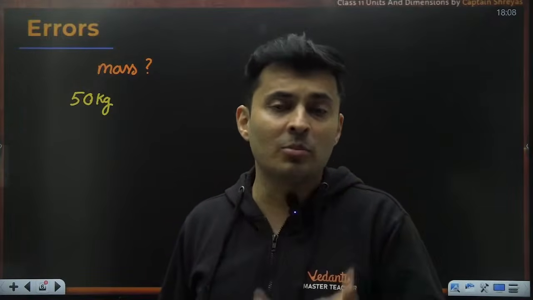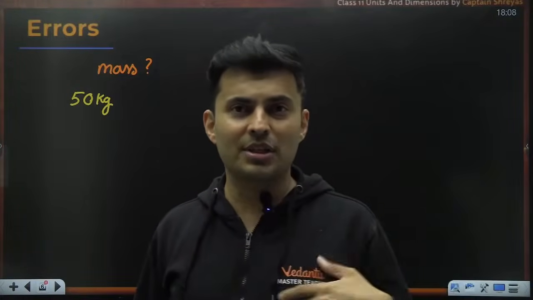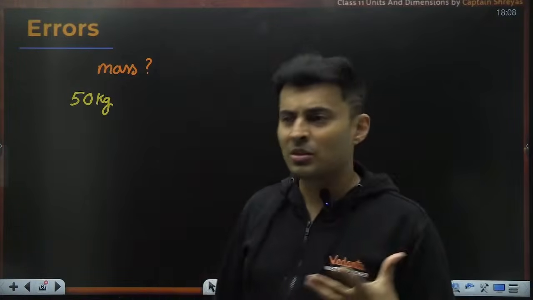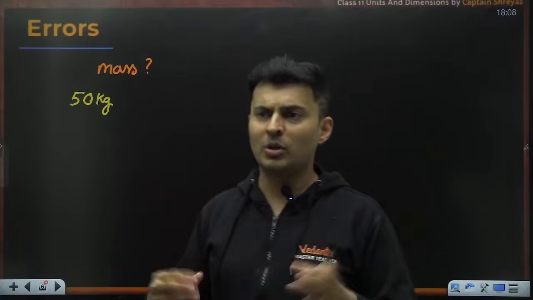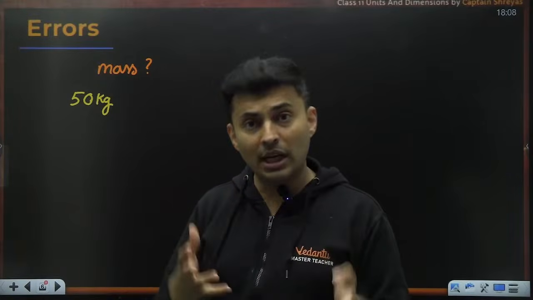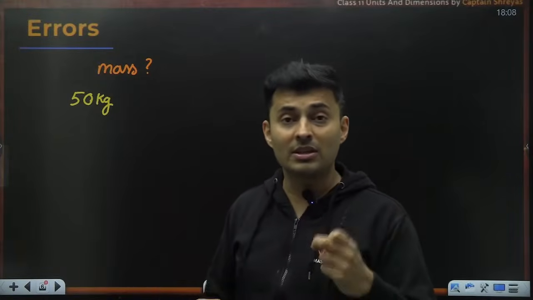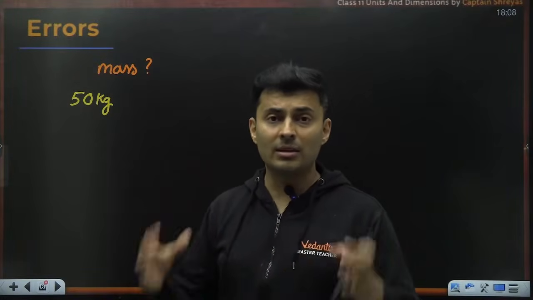Maybe that day you ate more, maybe you ate less. So there will be some fluctuation. Can I measure the weight of a desk? Definitely, because a desk is a non-living thing, it will not eat or leave anything. Will that also have error? 100%, because even the measuring instrument will have some degree of inaccuracy.